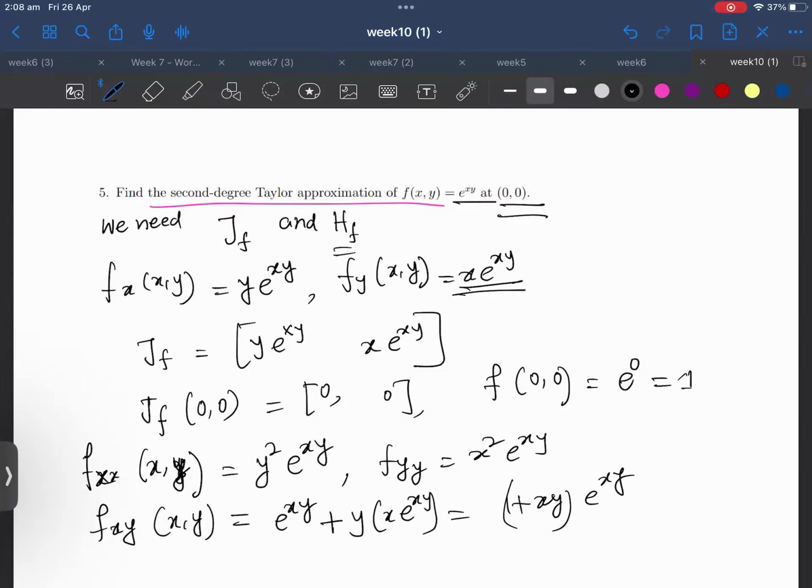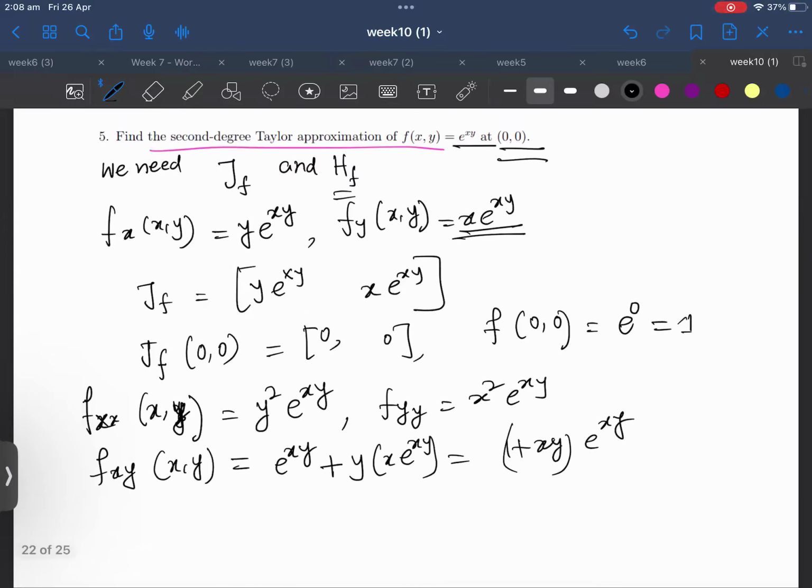And now we can build the Hessian matrix from this. So Hessian HF, remember: f of xx, f of xy, f of xy, f of yy.